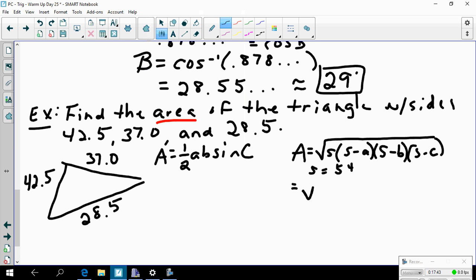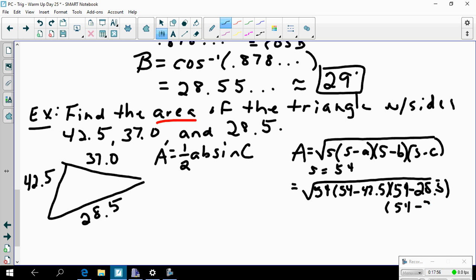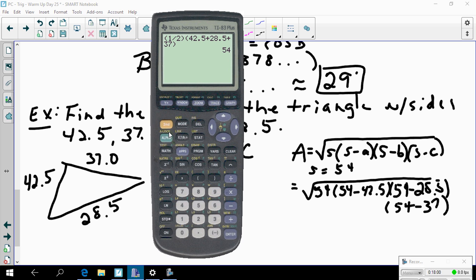So that means the area would just be the square root of 54 times (54 minus 42.5) times (54 minus 28.5) times (54 minus 37). And then I go to my calculator again.